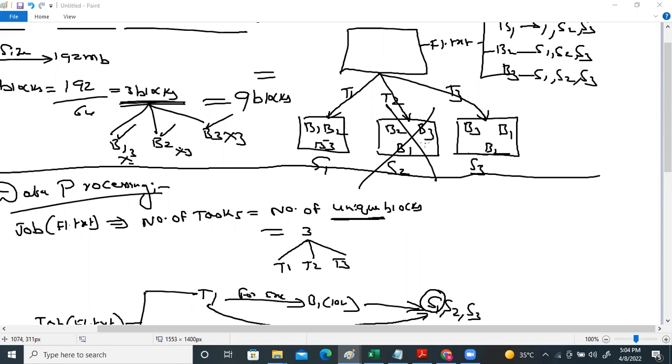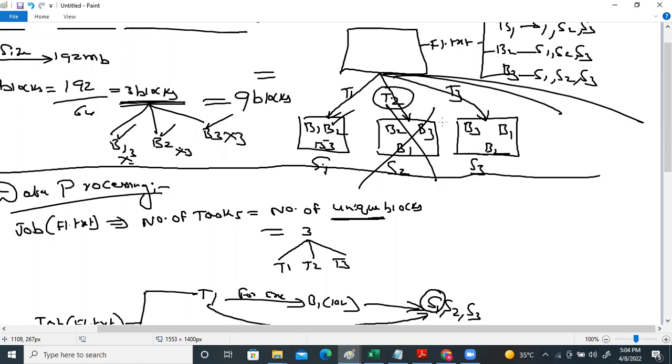That is the first point. Second, can the T2 task be done by S1 or S3? S1 can execute this T2 task, because the T2 task is for executing B2, or even S3 can execute that.